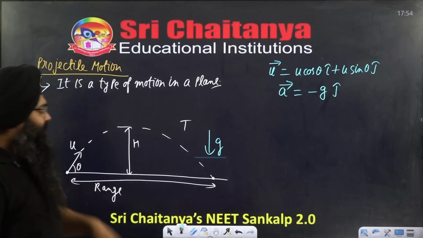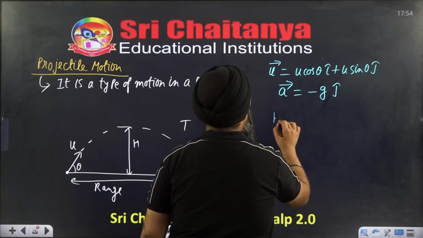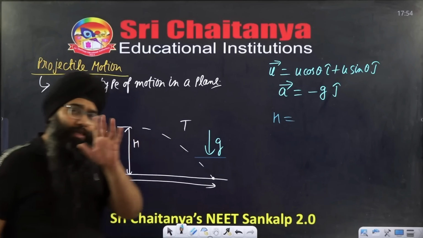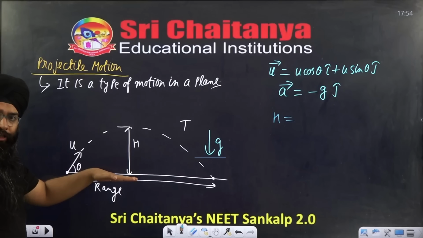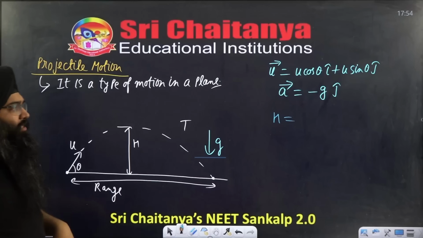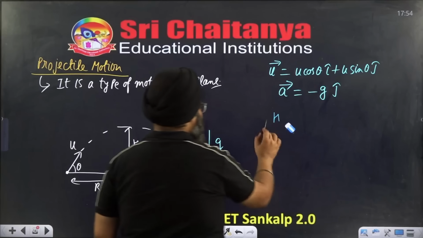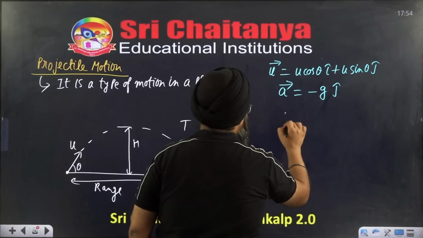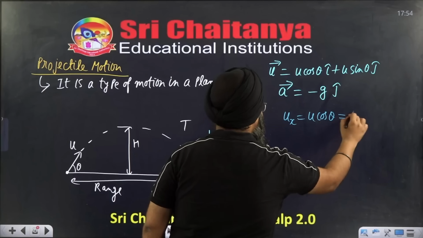So first thing which I want to know is the maximum height. I will again apply kinematic equations only. Please understand one thing. In projectile motion, there is no acceleration in the horizontal direction. Because there is no acceleration in the horizontal direction, the horizontal component of the velocity will never change. So the horizontal component, which is ux, which is basically u cos theta, will always remain constant.